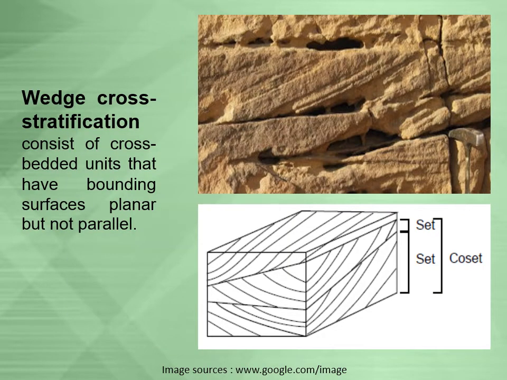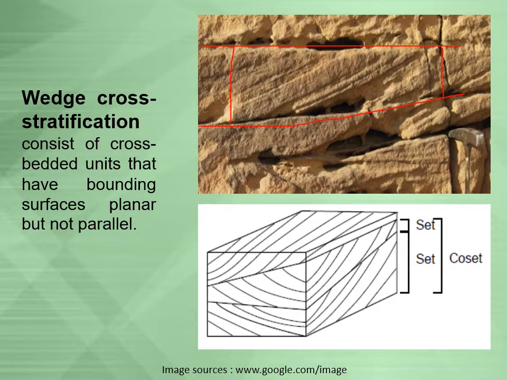Now, if the bounding surfaces are planar but not parallel to each other, then we call them as wedge cross stratification. So you can see the thickness of these beds here and the thickness of these beds here is not same. That is why we say that the bounding surfaces are not parallel.